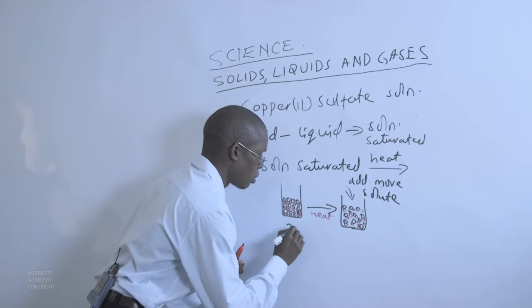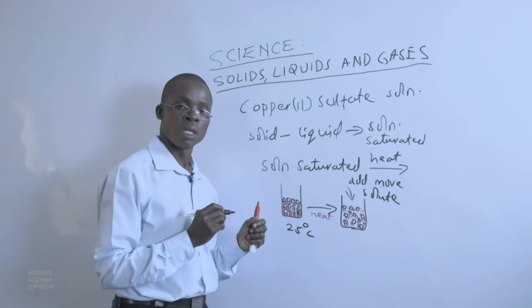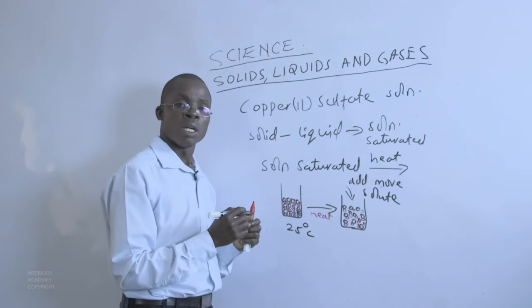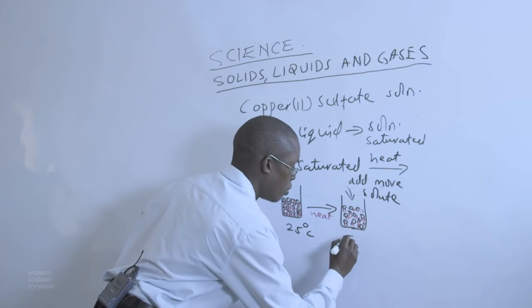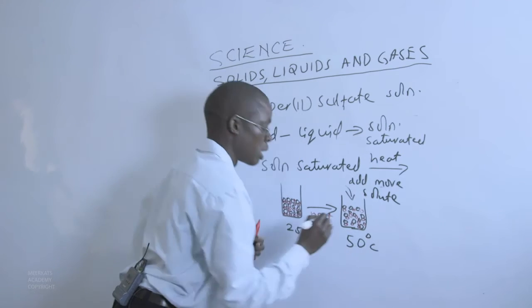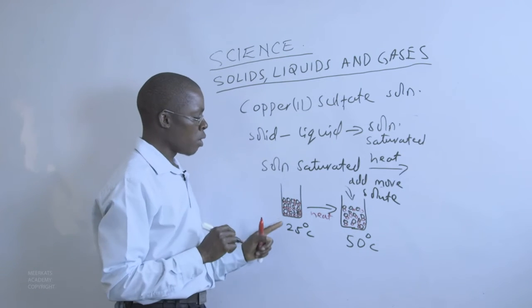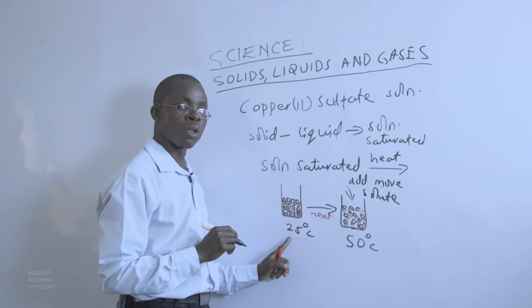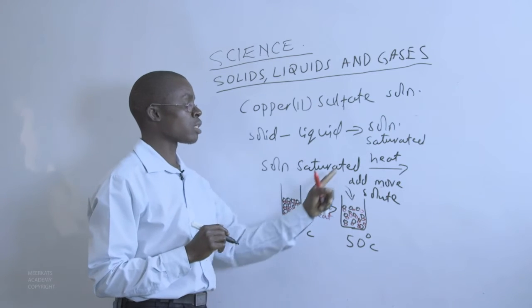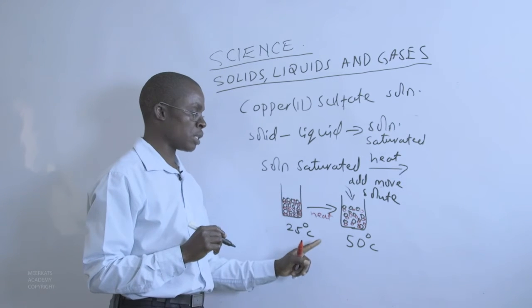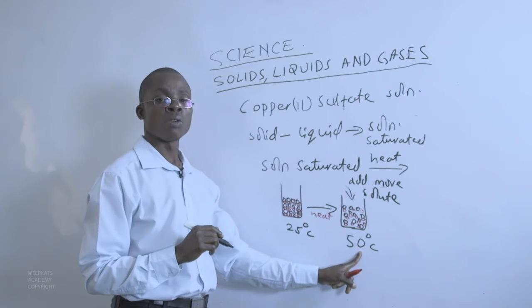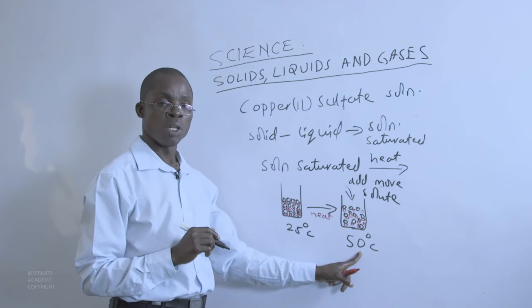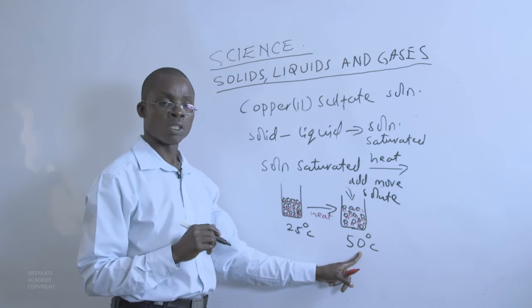If this was at 25 degrees centigrade and you heated this solution to 50 degrees centigrade, then the amount of solute you added at 25 to achieve a saturated solution will be less than the amount of solute you would add at 50 to form a saturated solution.